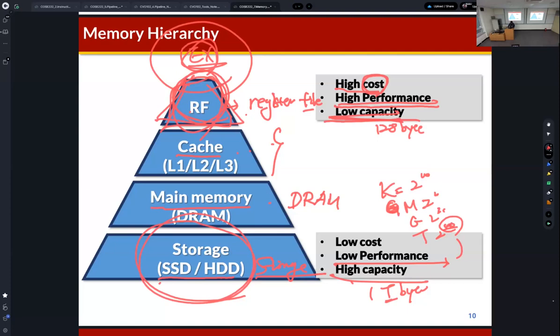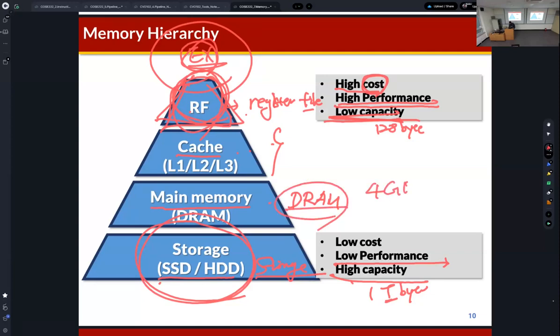So obviously we store our data in the storage devices. We store every data in storage devices. And then DRAM. Recently the DRAM is a few gigabytes, 4 gigabytes or 8 gigabytes.